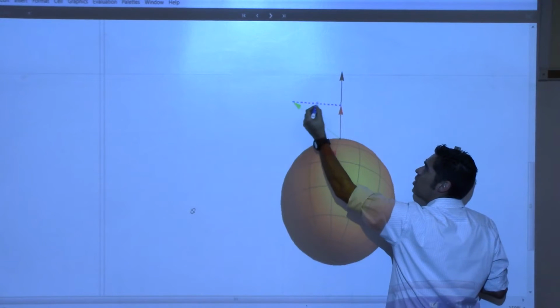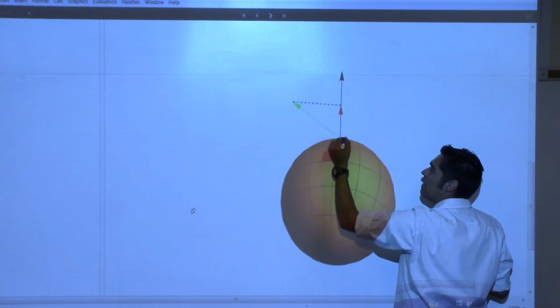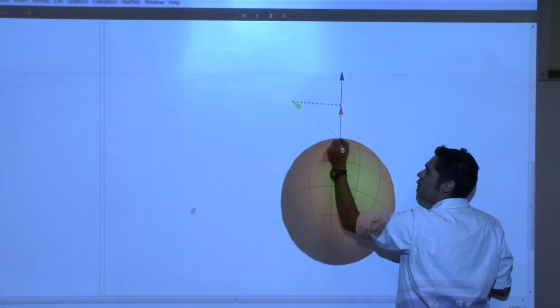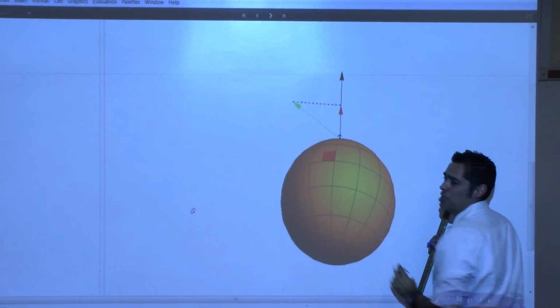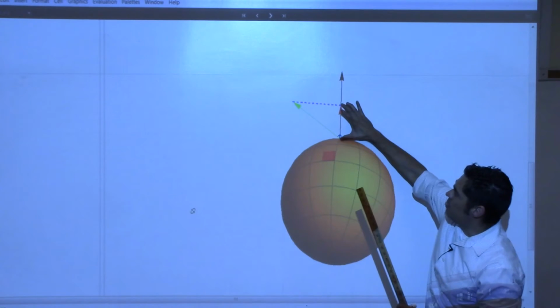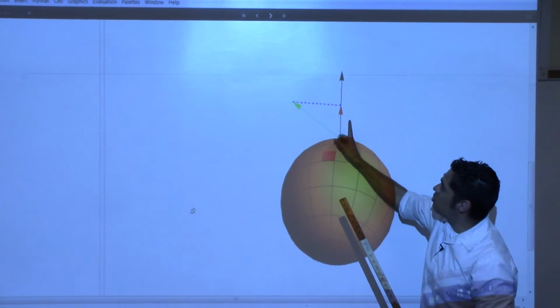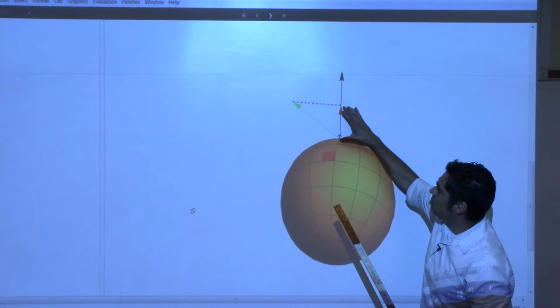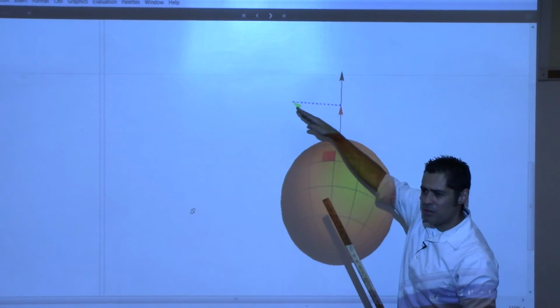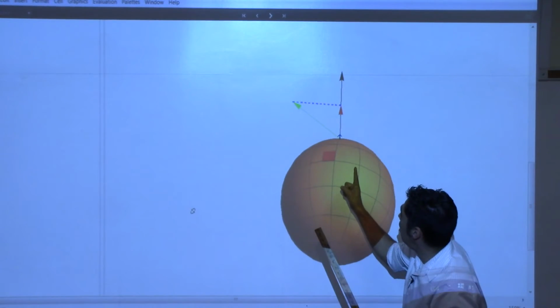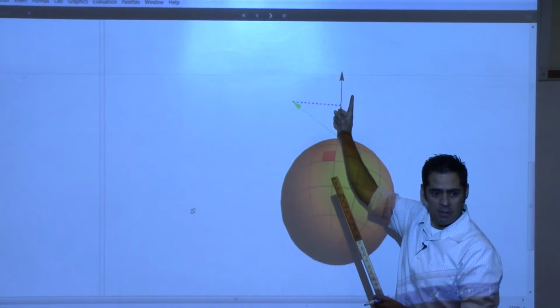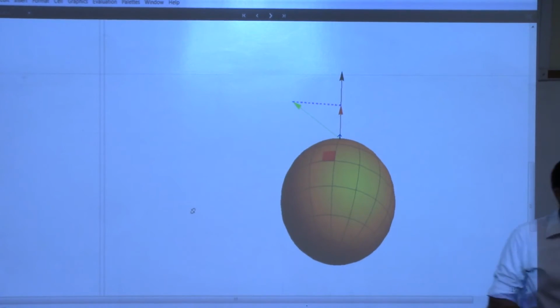If I project it onto here, this red vector tells me what the flow is in that direction. And the length of it is shortened now, right? Because it's been projected. So the flow in that direction is actually shorter than the flow in that direction. But all I'm interested in is the flow out of the surface. So that red vector represents that flow at that point.